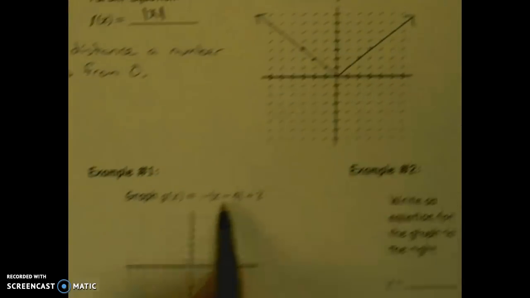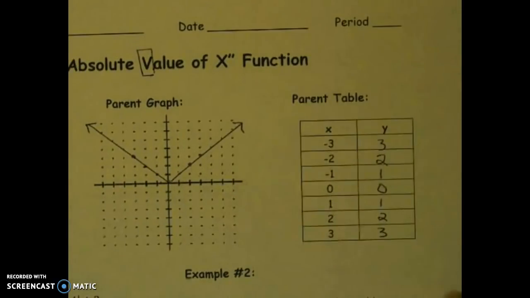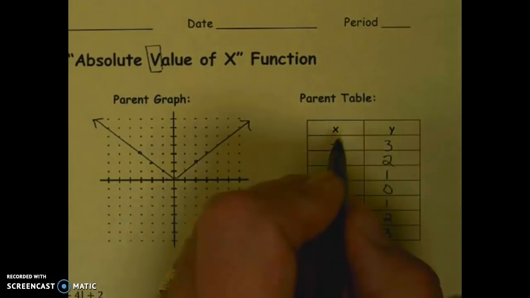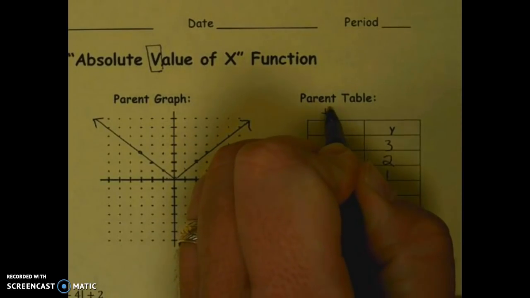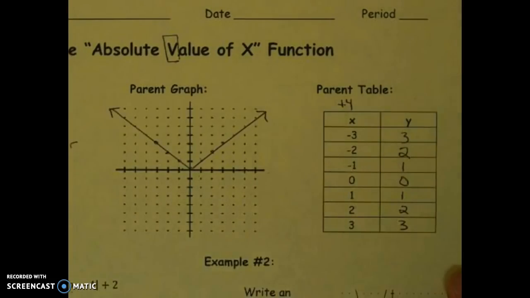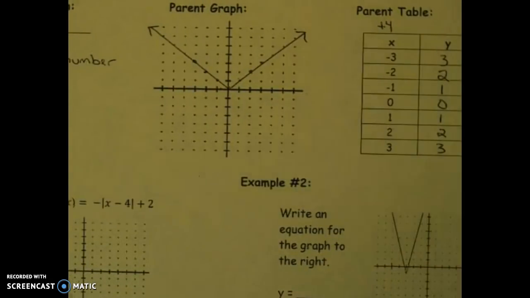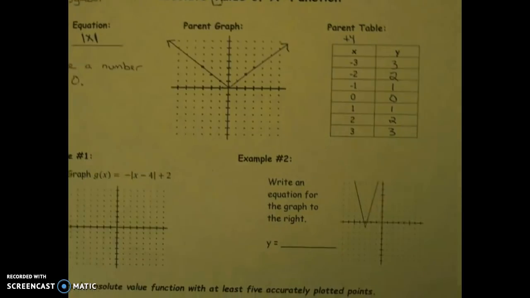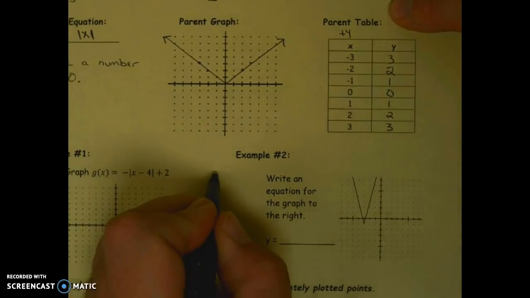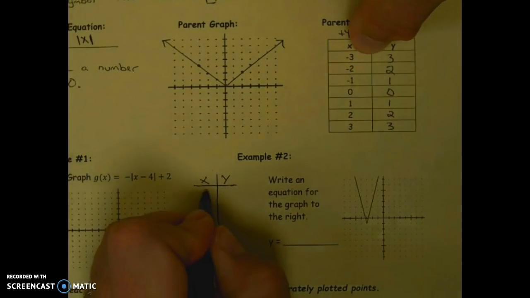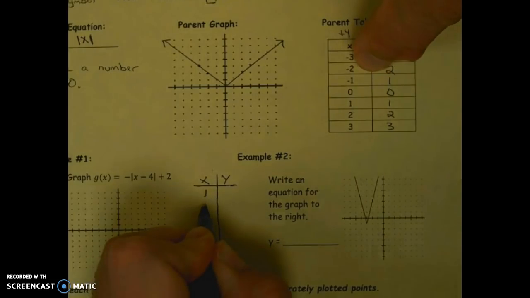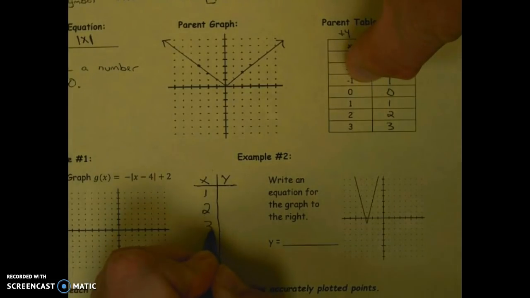So our new table for this graph, we're going to increase the x values by 4. So let's see if I can get this to show up together here. There we go. So adding 4, adding 4, adding 4, and so on.